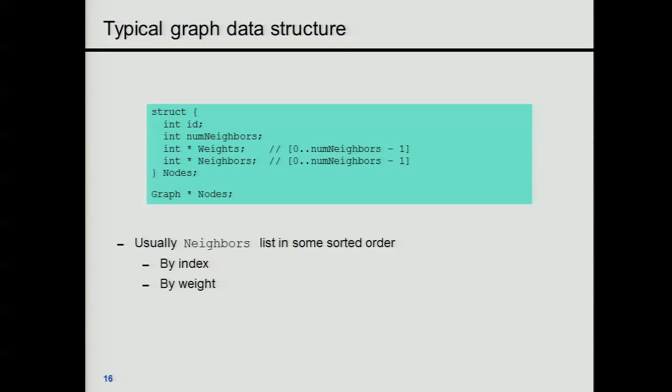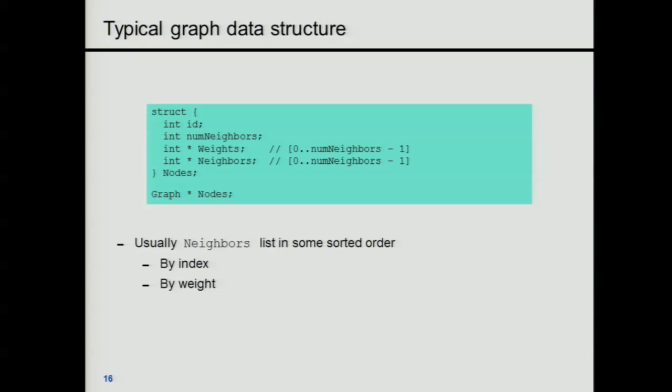And then the index of each of the neighbors is another array which stores the neighbor list. So if I'm at node 5, I can quickly look at the number of neighbors for that node and then jump to each of the neighbors of that node simply by reading this neighbor array. So this is a very typical structure that we use to represent graphs.